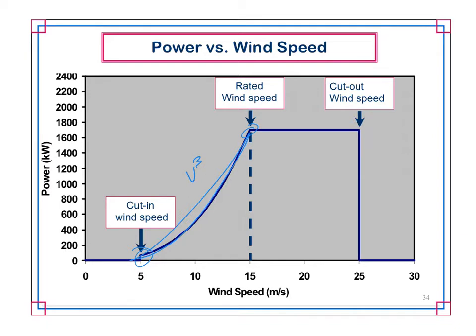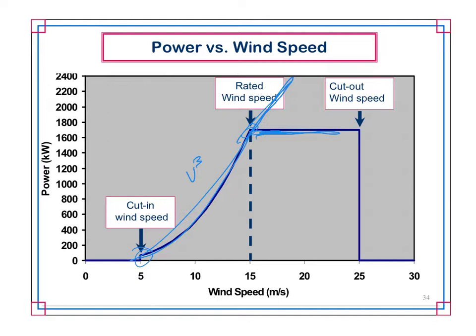Once you hit 15 meters per second, does the power in the wind go down? If the wind speed continues to go up, that would not be the case. But you cannot put out more than 1,800 or 1,750 kilowatts out of the generator. If you try to continue to go over that, you're going to burn up the generator. So at that point, you start to feather the blades, so you start spilling the wind.